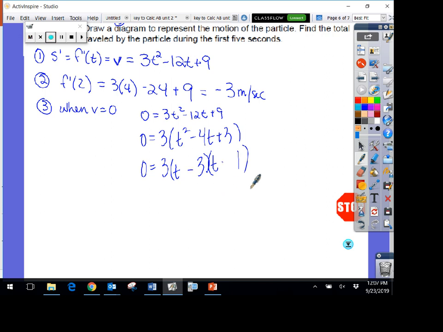And we get minus and minus. So at t equals 3 seconds and 1 second, that would be when the velocity equals 0.